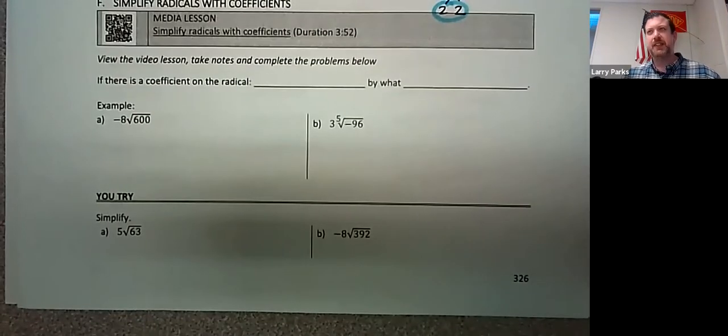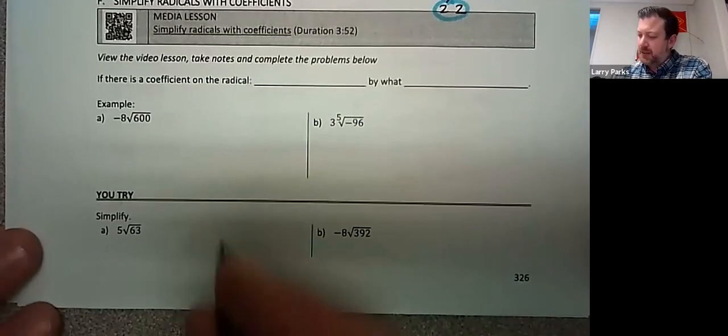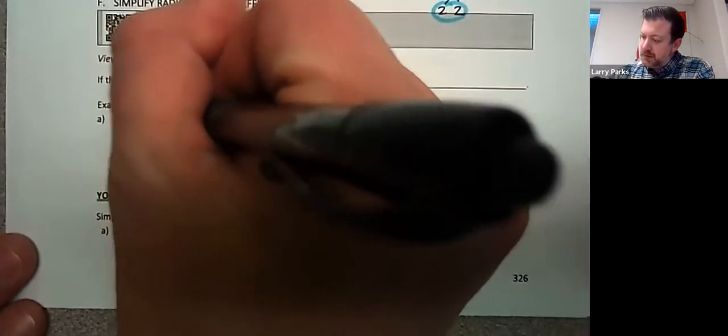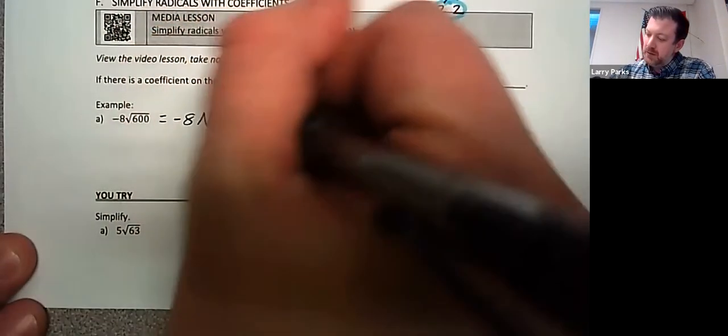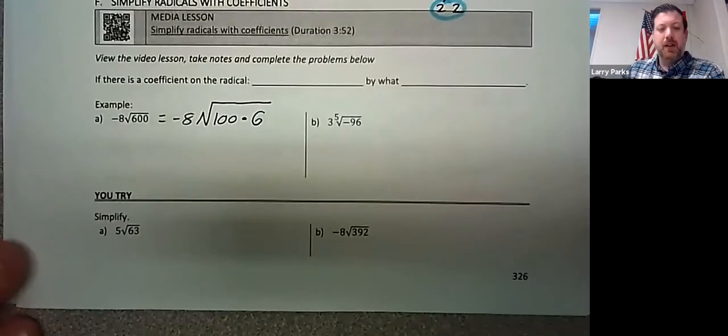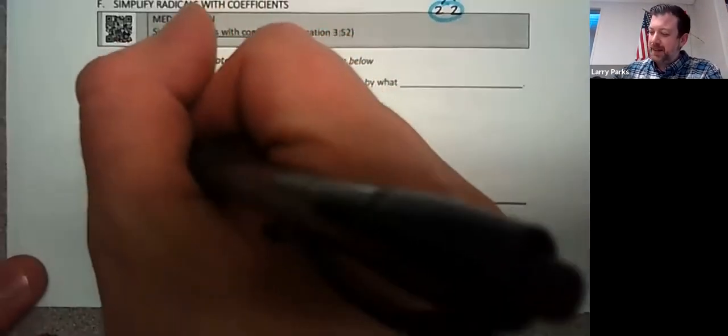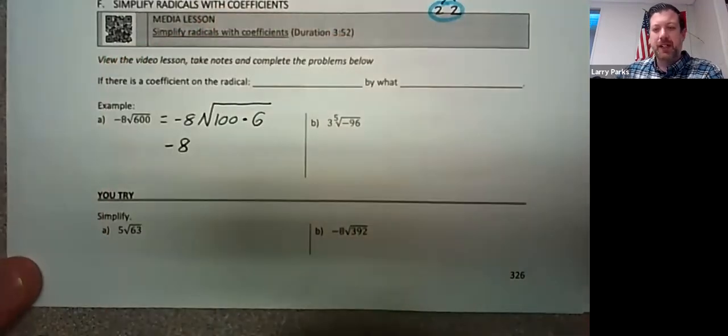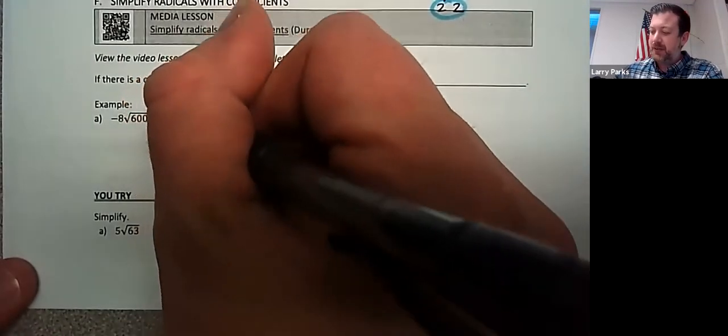So here, 600. I could probably do that one without doing the tree. 600 is 100 times 6. We'll break this into 2 square roots.